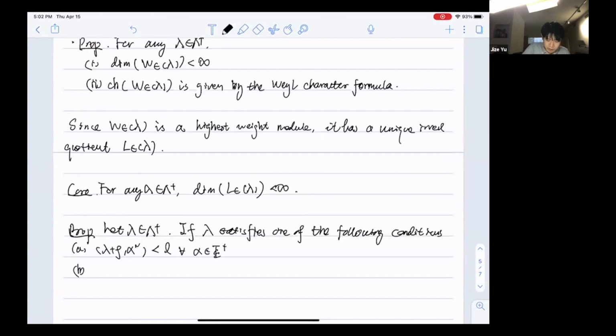And condition B is lambda equals L minus 1 rho plus L of mu for some dominant mu.